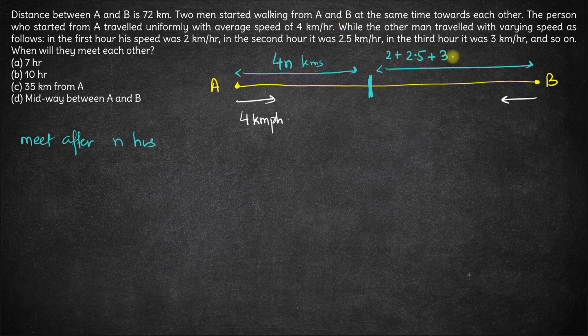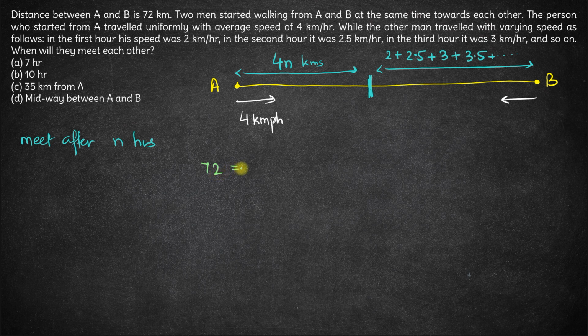Similarly, in third hour, he will travel 3 kilometers, then 3.5 and so on. So this basically is an arithmetic progression. So an AP of how many terms? Of total n terms, because there are n hours. And this total should be equal to 72 kilometers, right? The distance between A and B.